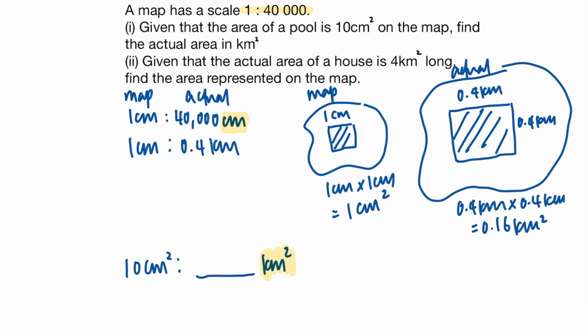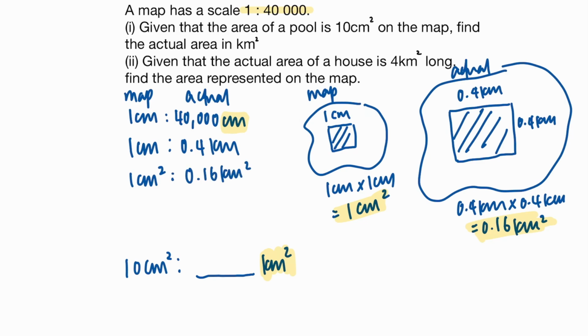So from here, we can see that the ratio of 1 cm square is to 0.16 kilometer square. So we can now convert the length ratio to area ratio.